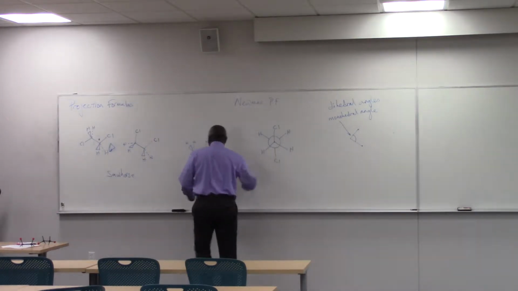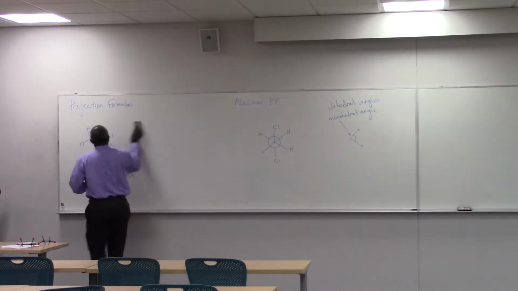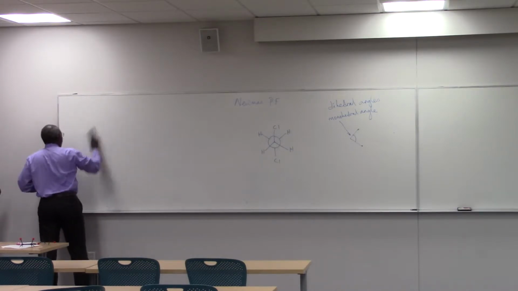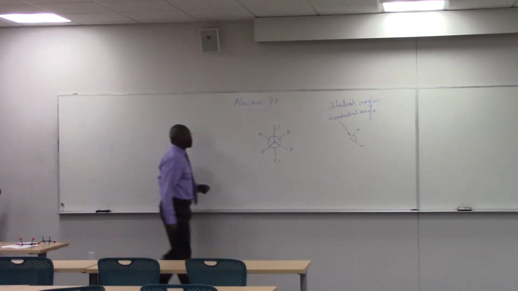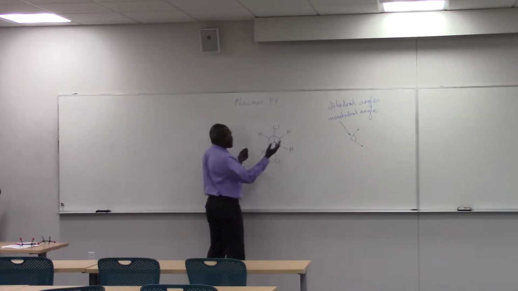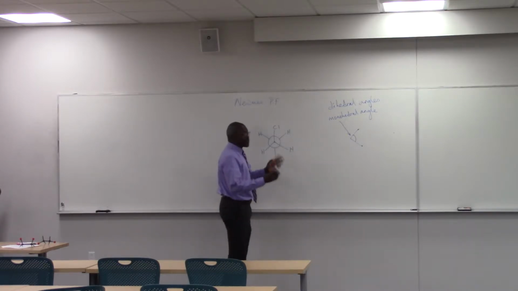So let's start with that species, and I'm going to rotate it. I'm going to keep the front carbon stationary, and I'm going to rotate the back carbon. And I can rotate it clockwise or anti-clockwise, it doesn't really matter.